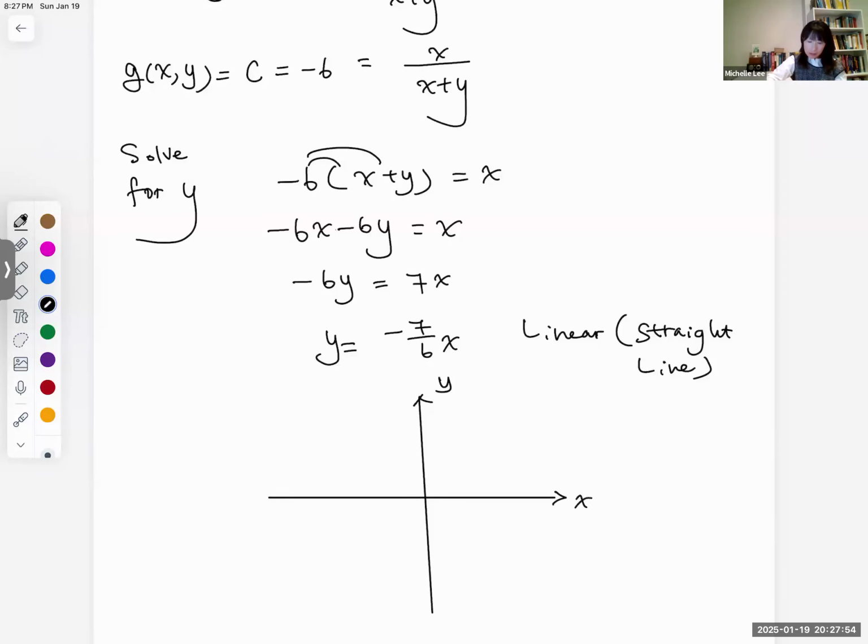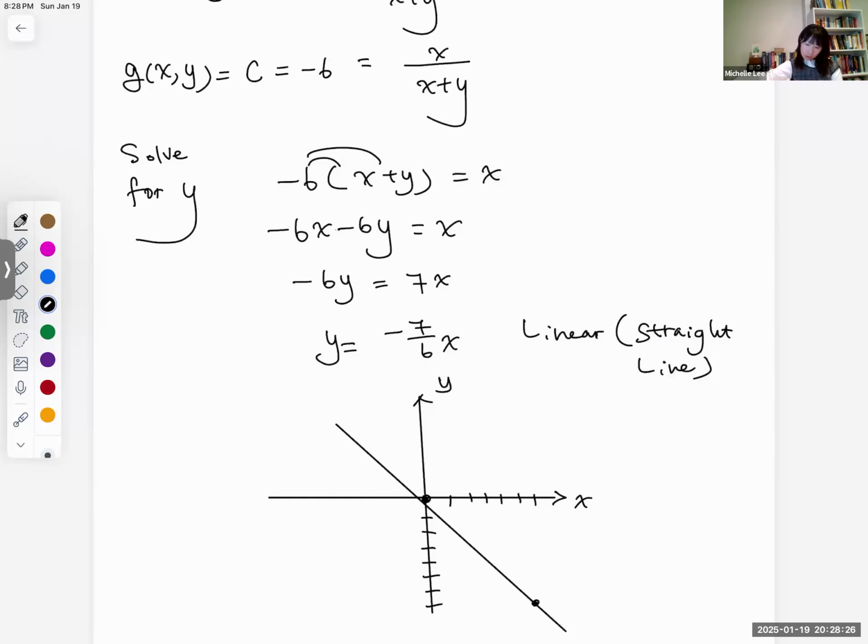So y, x. Start at 0, 0. And then -7, 1, 2, 3, 4, 5, 6, 7. And 1, 2, 3, 4, 5, 6. So approximately here, connect the dots.